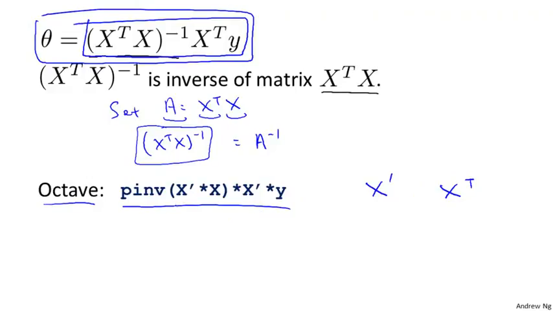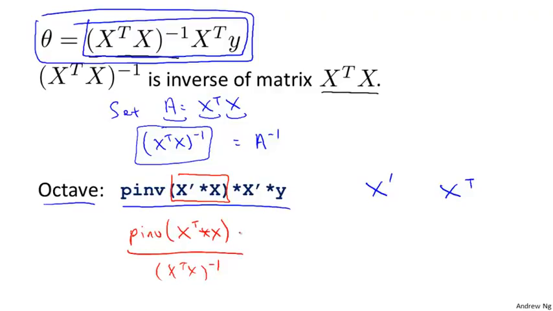So this expression that I'm boxing in red is computing X transpose times X. pinv is a function for computing the inverse of a matrix, so this computes X transpose X inverse, and then you multiply that by X transpose and by y, so you end up computing that formula. I didn't prove it, but it is possible to show mathematically, even though I'm not going to do so here, that this formula gives you the optimal value of theta, in the sense that if you set theta equal to this, that's the value of theta that minimizes the cost function J of theta for linear regression.